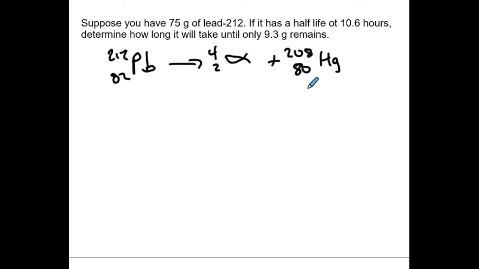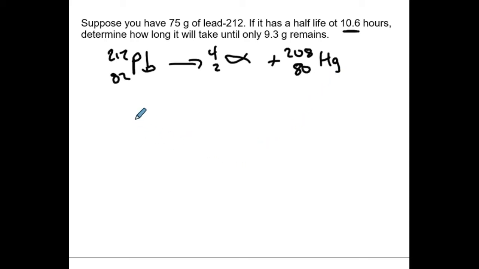And that's what we're seeing right here. If you have 75 grams of lead-212, you have a lot of it. And what we've been able to predict is that lead always gets cut in half every 10.6 hours. I don't know which lead particles are going to turn into mercury, but I know that half of them will be gone in 10.6 hours. I just don't know which ones, hence the fuzzy weirdness of the quantum level.